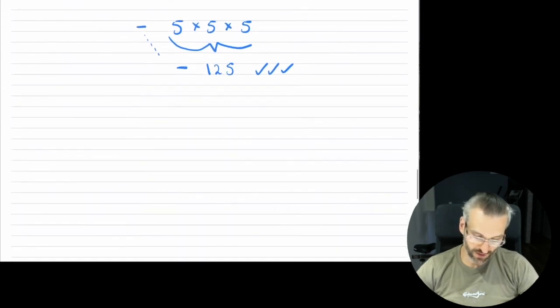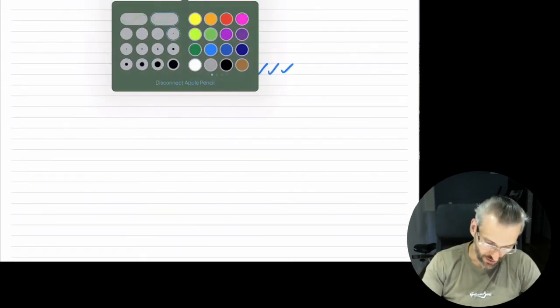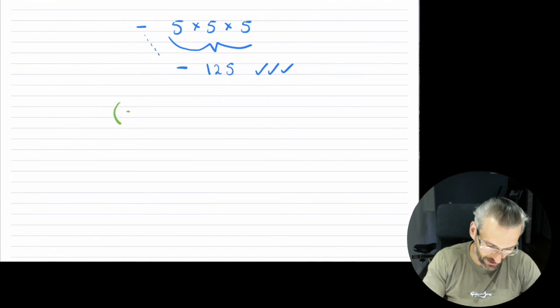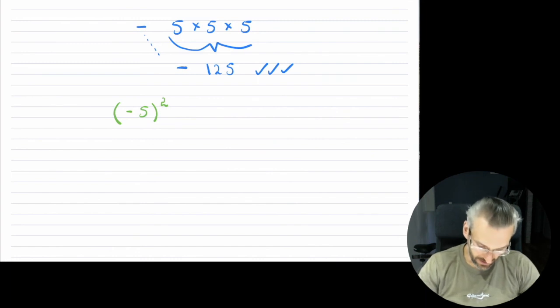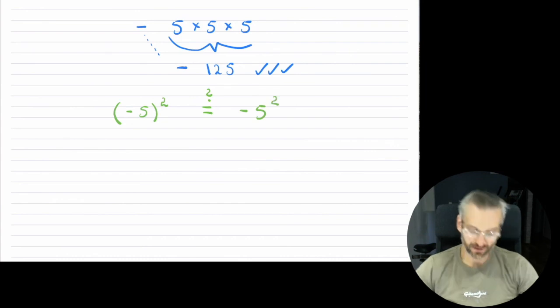But what if I changed it? So notice, if I did something like this, and I changed this to 2, which is now even. So now the question is, what if I had this? Will they still be the same?